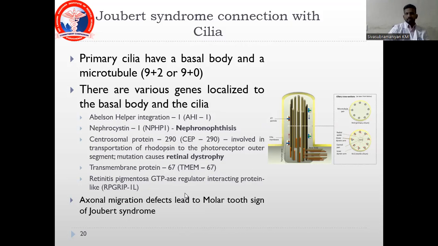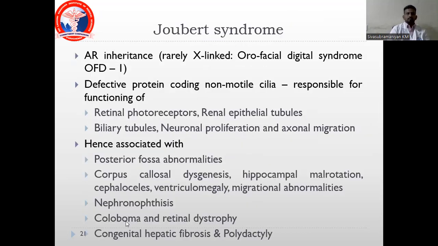So it is characterized by defective axonal migration, and that leads to the classic clinical picture of molar tooth sign, which we will be seeing subsequently. It is an autosomal inheritance, and it is rarely X-linked, and the defective protein coding for non-motile cilia is responsible.